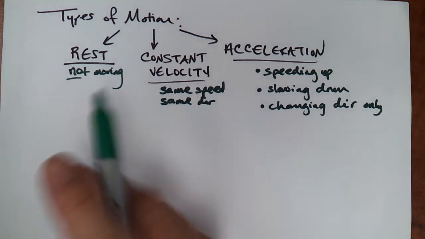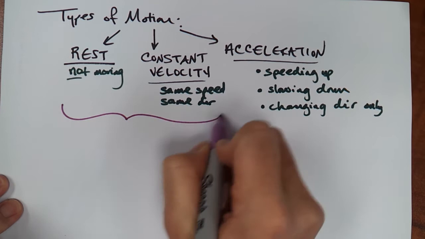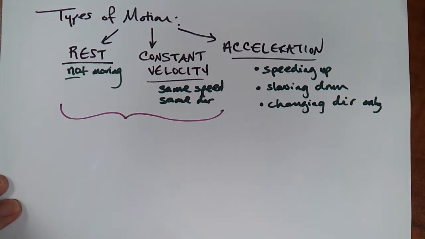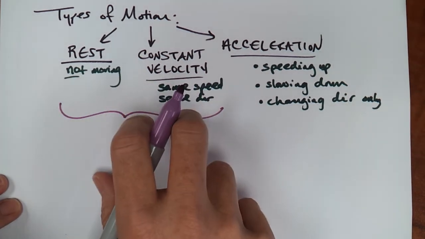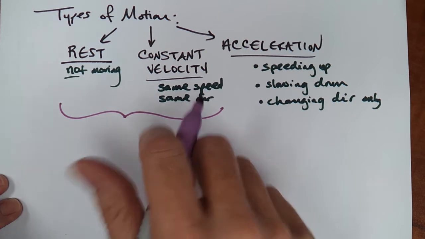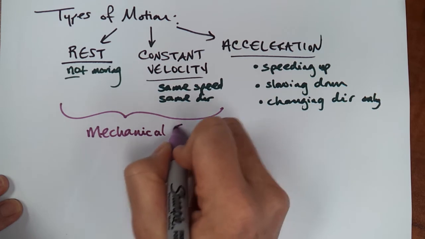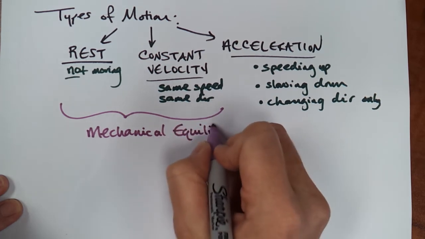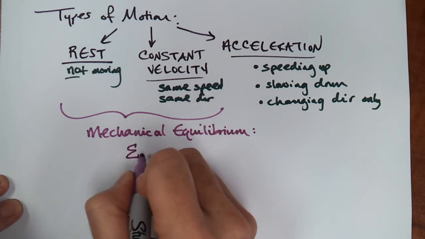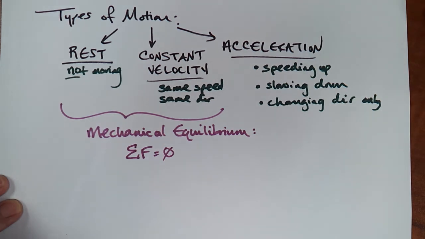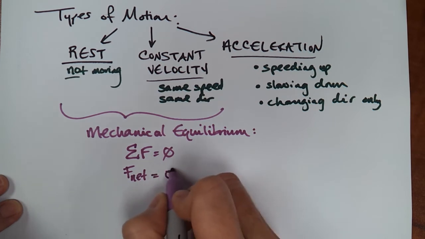Okay. In the case of these two right here, under all circumstances, if you have something that is at rest and you have something that is doing this, there's a special thing that we have talked about in class, and that is mechanical equilibrium. And mechanical equilibrium basically states that the vector sum of the forces is equal to 0, which is a fancy way of saying your F net, which is the sum of all your forces, right?